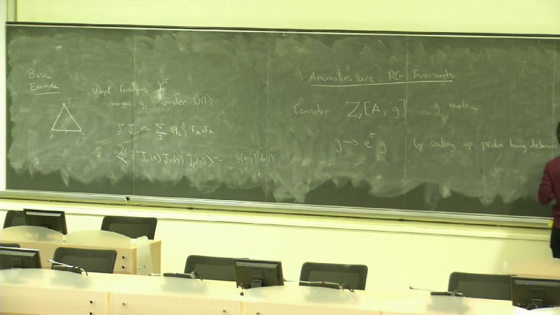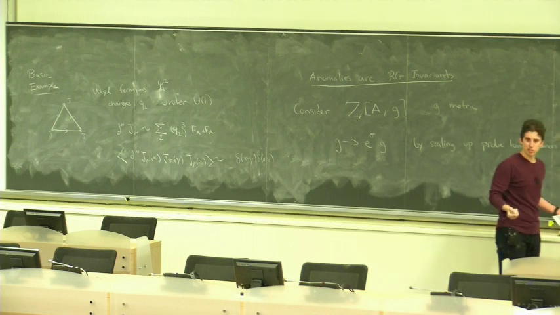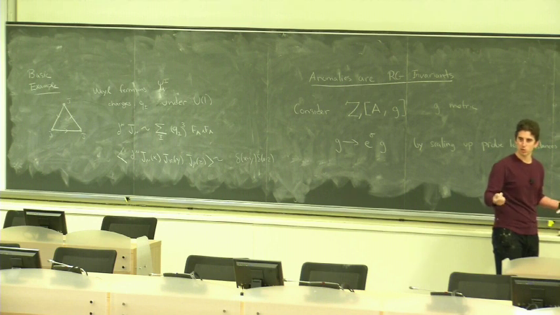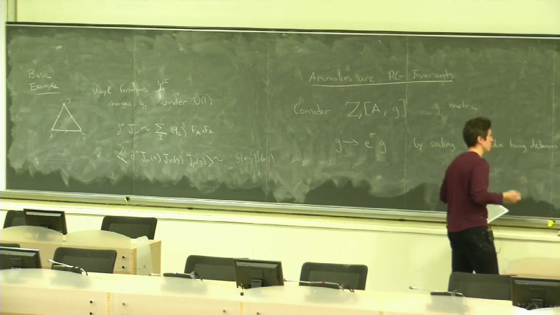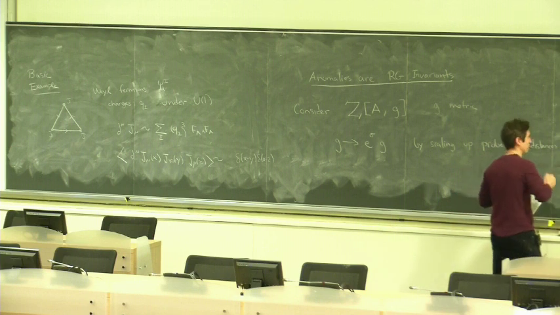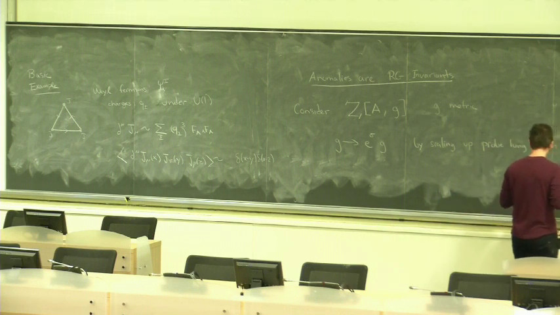It says that if we take d sigma of d lambda of log Z of A, this should just be equal to d lambda d sigma of log Z. So the Wess-Zumino consistency condition is this equation. It just says that you can treat log Z like a function and take derivatives, and it doesn't matter which order you take them in. Okay, I won't hate on the Wess-Zumino consistency condition too much.